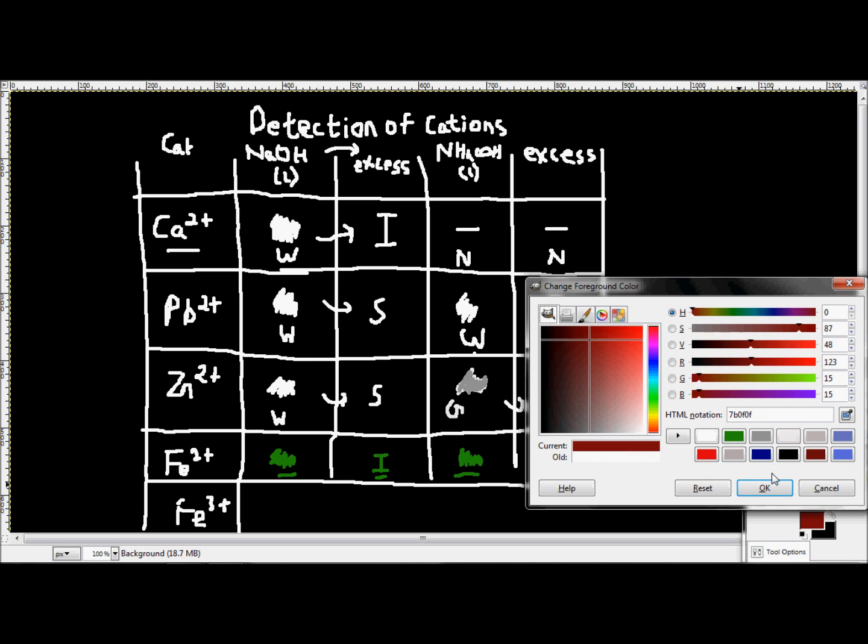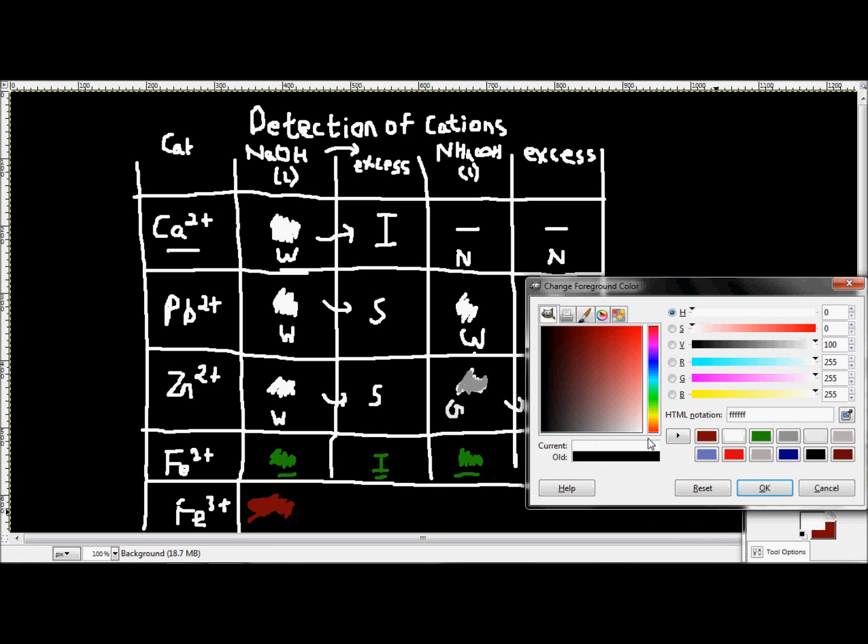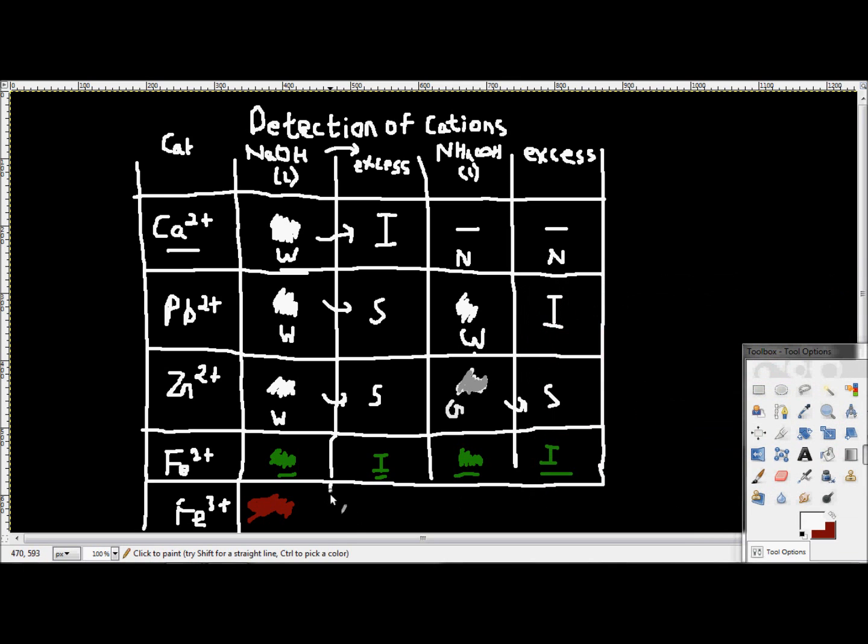So it's something like this, very similar to the color of NO2, which we did in the previous section. Reddish brown, and it goes the same way as Fe2+. That is, it'll be the same color in NH4OH, and again it'll be insoluble.